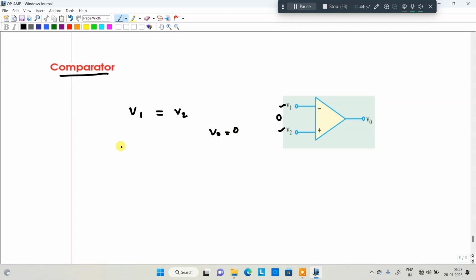But in case V1 and V2 are not equal, for example there is a small difference, this particular amplifier amplifies it and the output appears at the output. That means even a very small change, we can compare the signals and present it at the output.